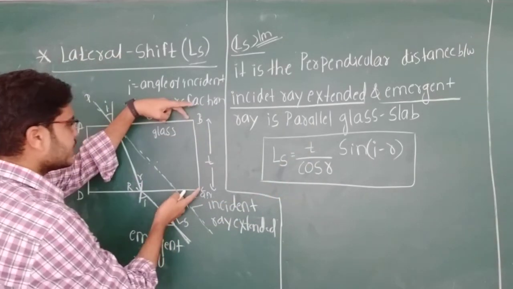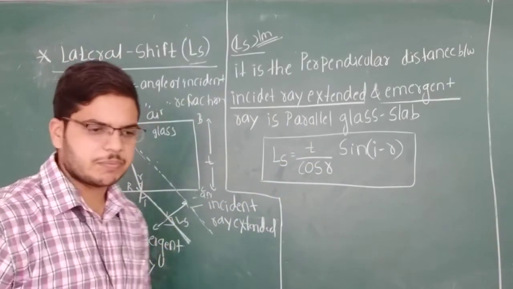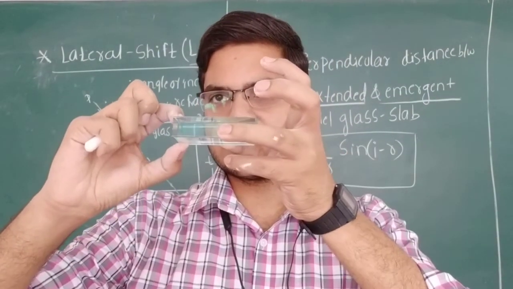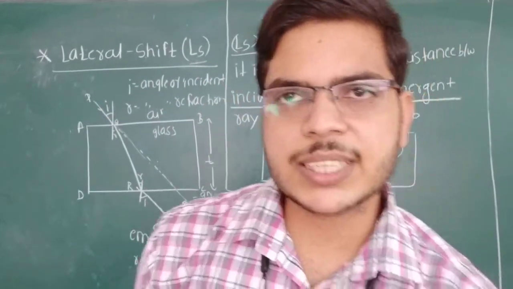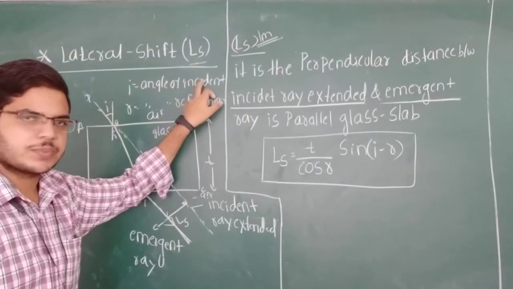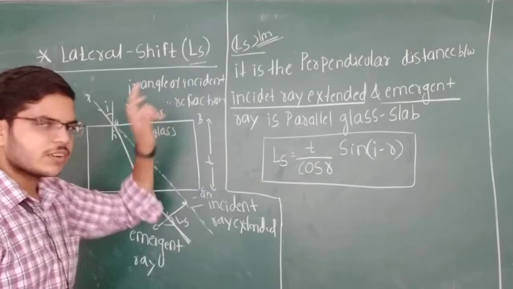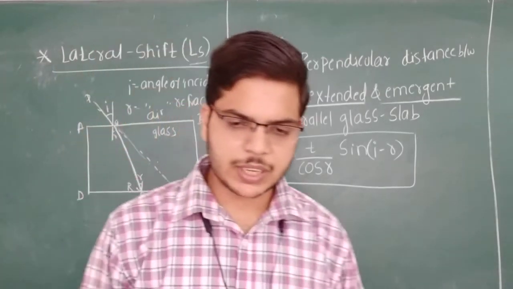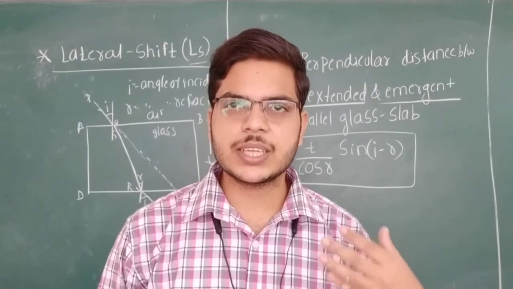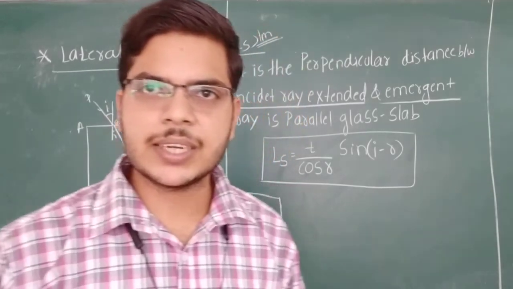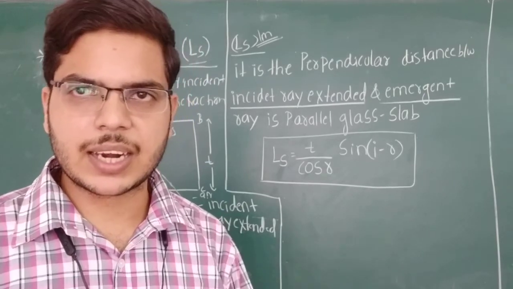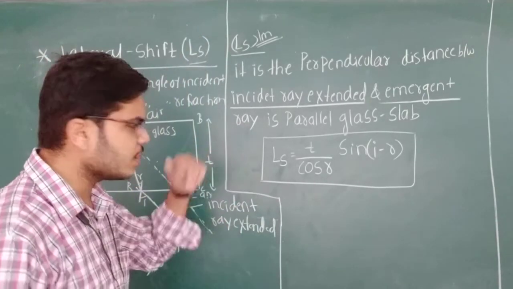T is the thickness of the glass slab. This much thickness is the thickness of the glass slab. What is I? I is the angle of incidence. What is R? The angle of refraction. By knowing the angle of incidence, the angle of refraction, and the thickness, we can calculate the lateral shift in the case of a parallel sided glass slab. This is the formula.